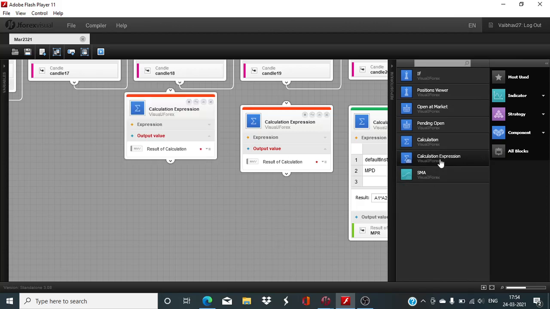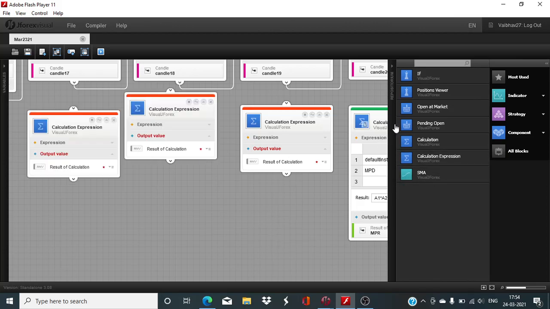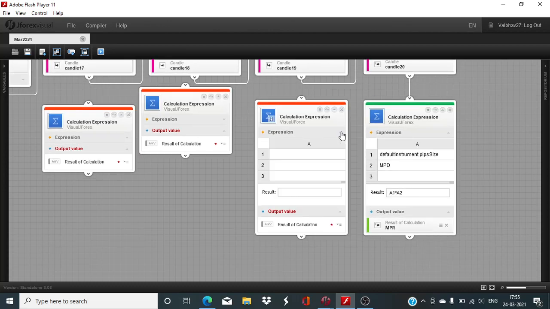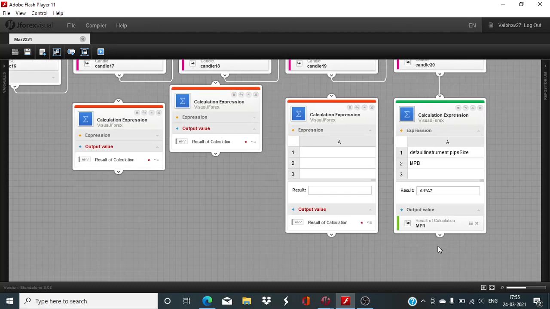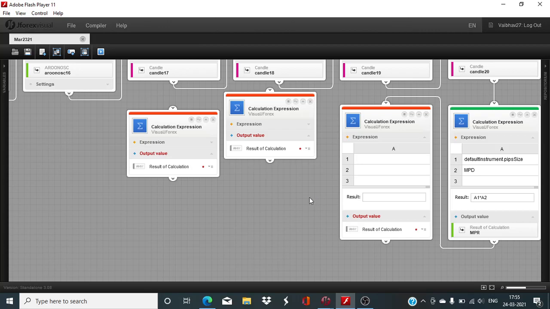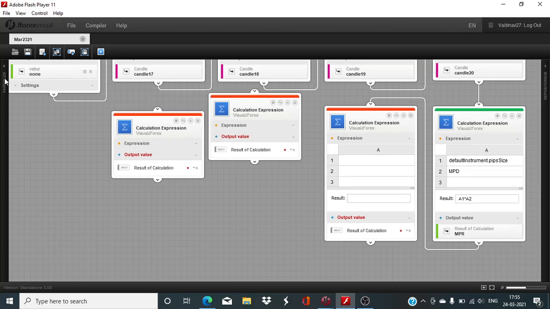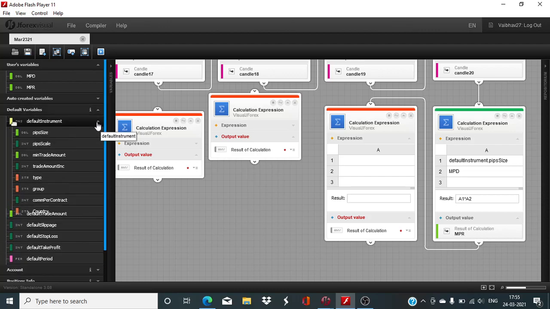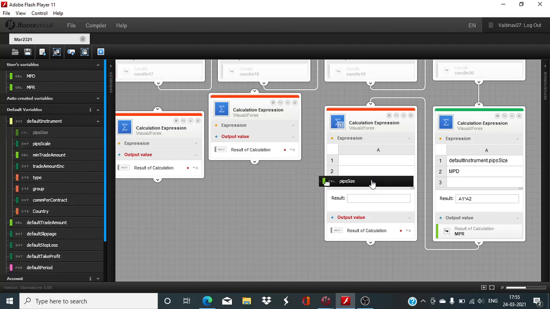So I will take a couple of calculation expressions here, and we want the difference to be less than 15 pips. So I will now have to define 15 pips. For that, we have to take the default instrument pip size and multiply it by 15.